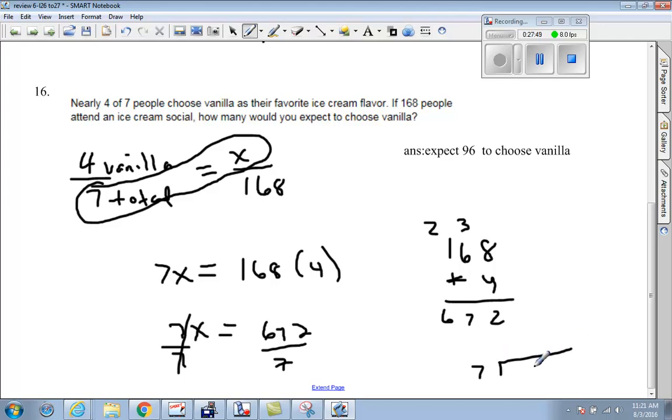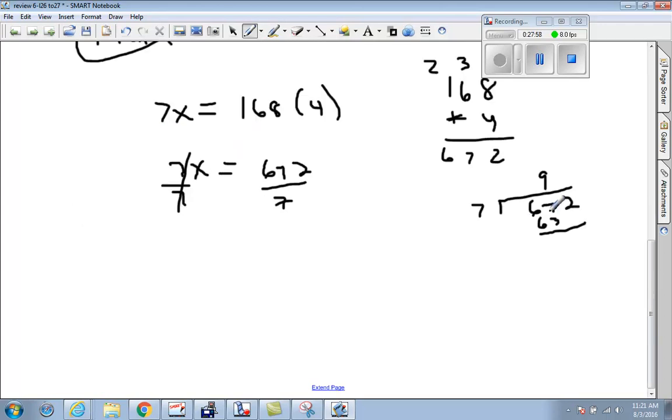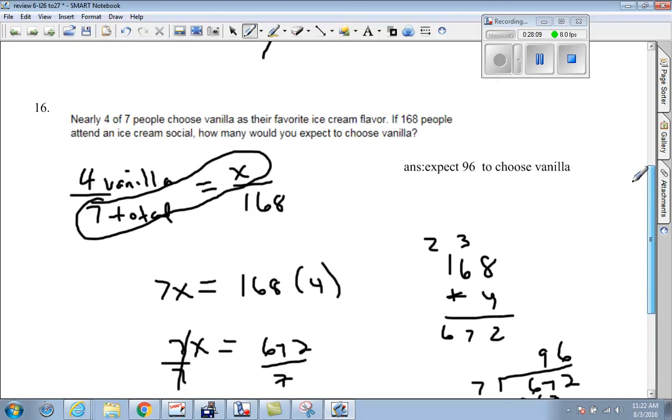And so we can take 7 into 672. And it may or may not go evenly, we'll see. Yep, 7 into 42 goes 6, so it did go evenly, so 96. So we're expecting about 96 to say they would like vanilla.